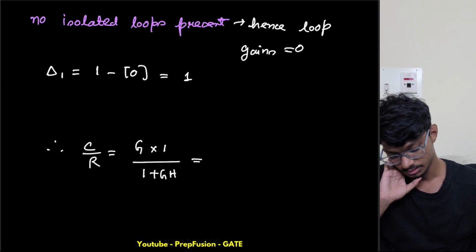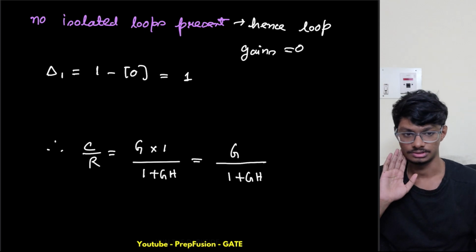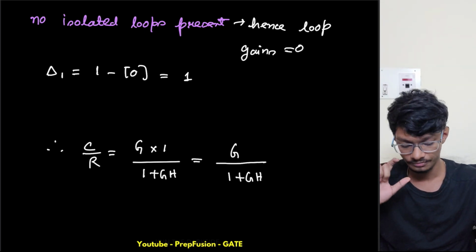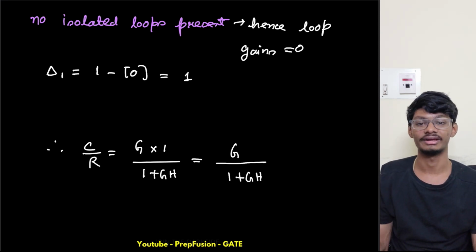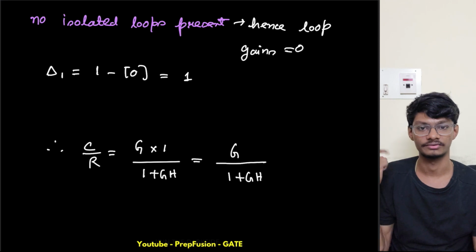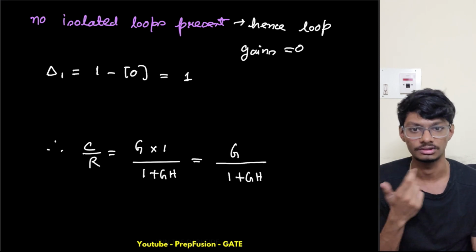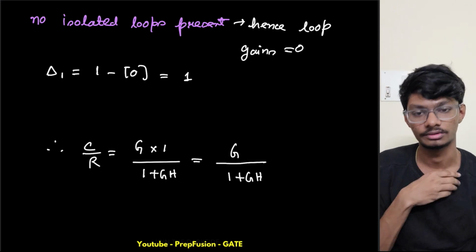So this becomes G by 1 plus GH. We already know the answer to this question, so it may seem like why am I doing this so slowly and taking so much time. We can do this in a matter of seconds with the previous methods, right? This was just to show you how to calculate this.